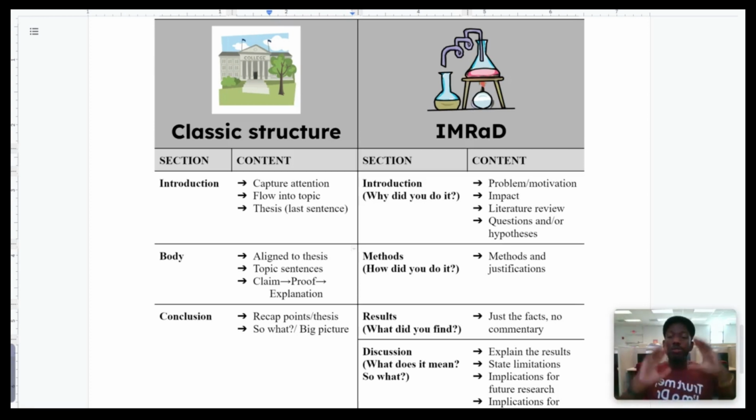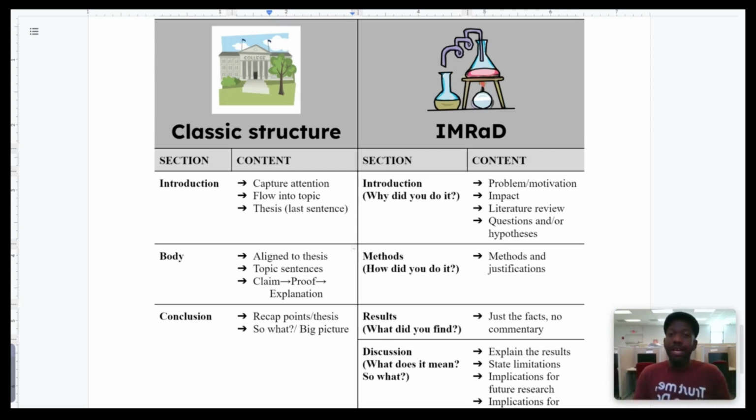Okay, once you've done that, then you introduce your literature. So that means literature that's previous studies related to what you're studying now. So previous scholars, previous researchers have done similar things, and so you recap those things and what they found.